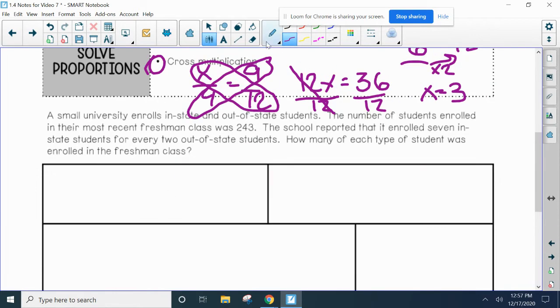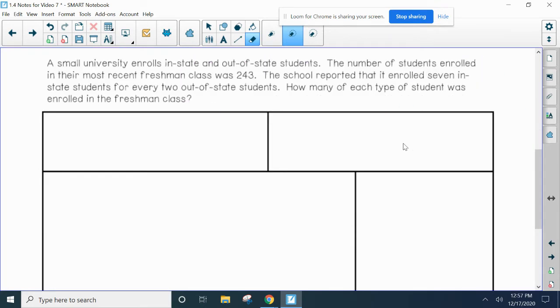All right, so I've got one more for us, and it is a word problem. It says a small university enrolls in-state and out-of-state students. The number of students enrolled in their most recent freshman class was 243. So total 243. The school reported that it enrolled 7 in-state students for every 2 out-of-state students.